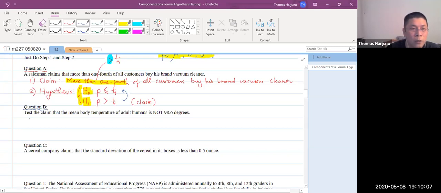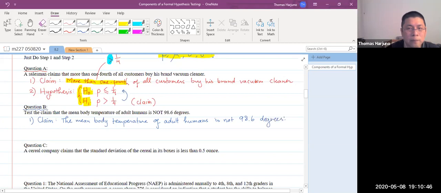So the first one, the claim: the mean body temperature of adult humans is not 98.6 degrees.